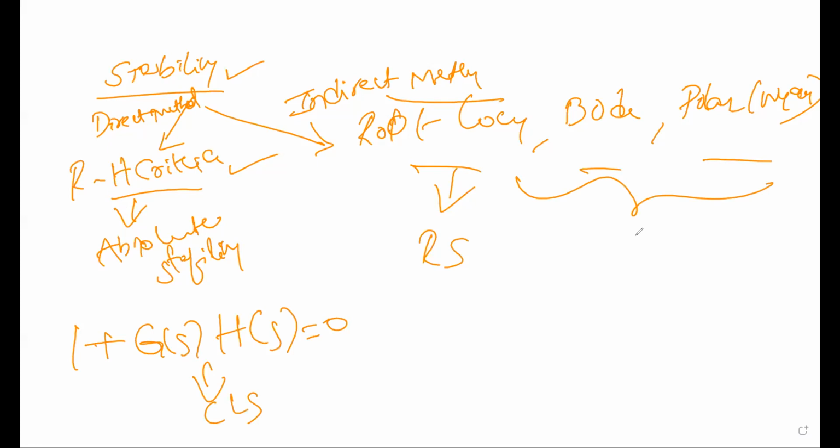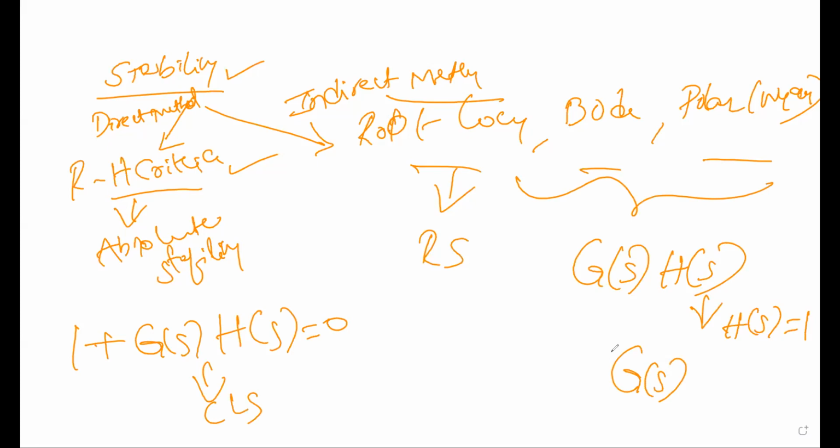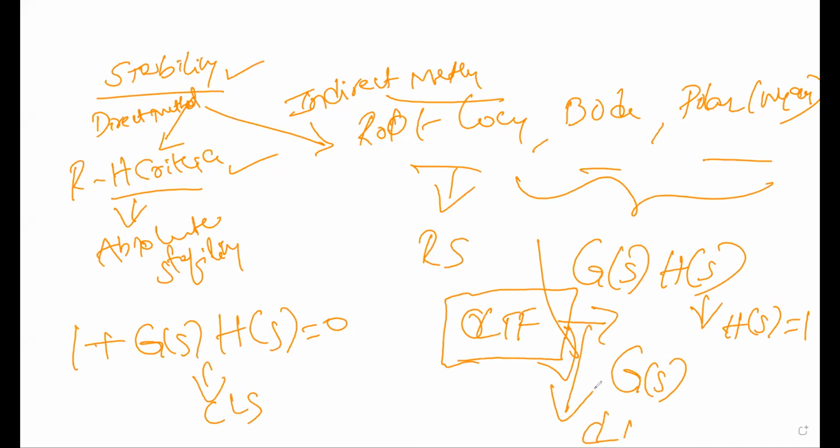But for the Bode, root locus and polar plots, we have to consider the open loop transfer function, which becomes G(s) if it is unity feedback. Whatever we do with the open loop transfer function is related to the closed loop transfer function only, as we discussed in root locus.